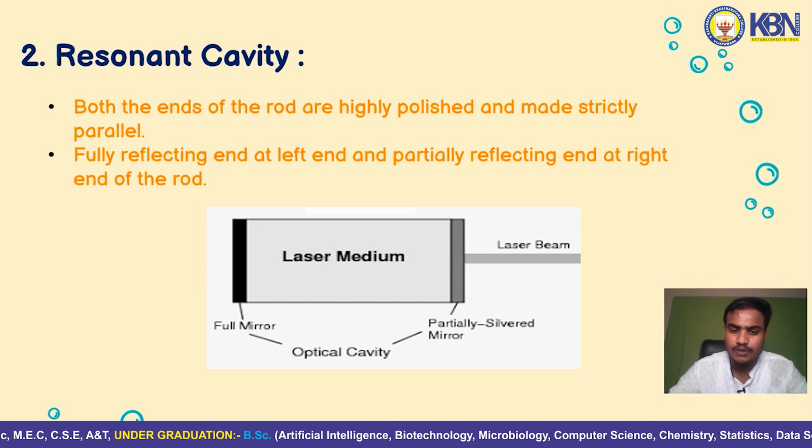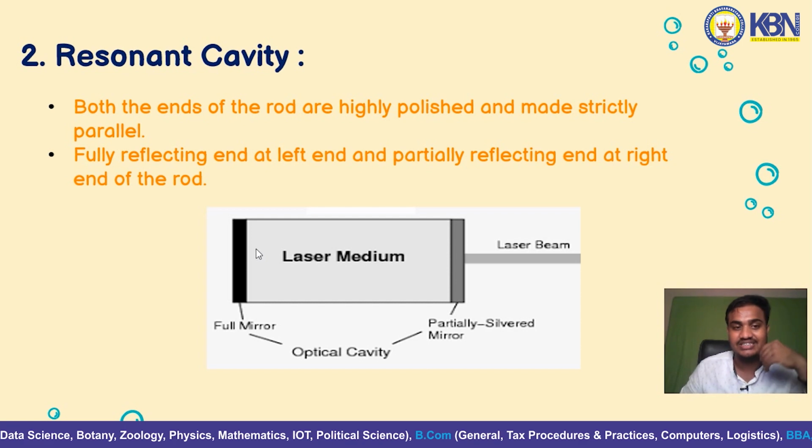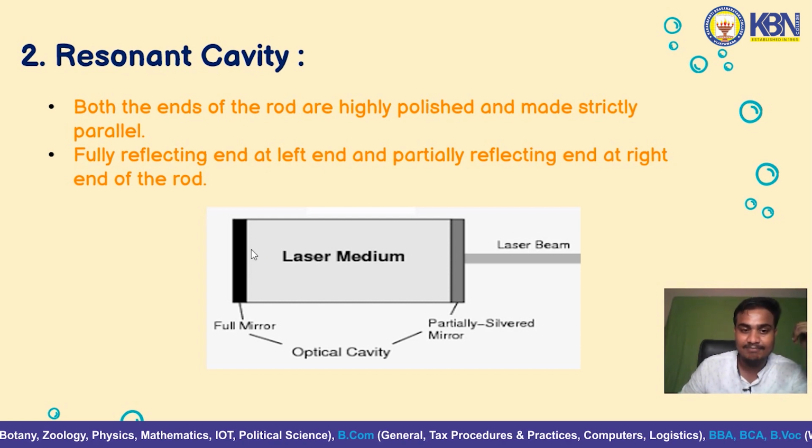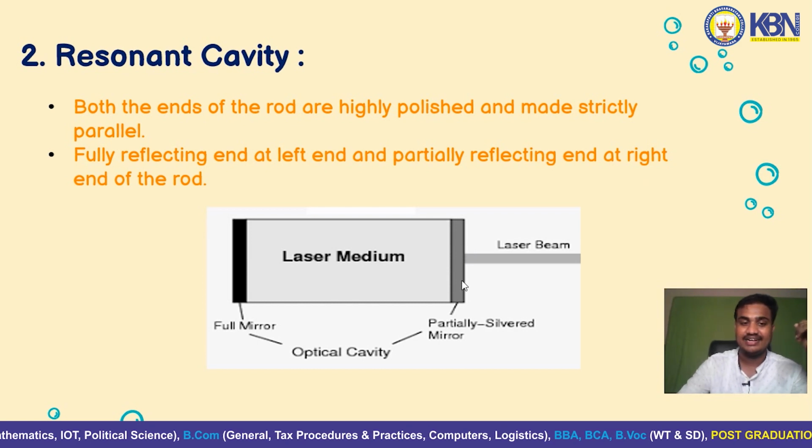Both ends of the rod are highly polished and made strictly parallel. One fully reflecting mirror is connected at one end and a partially reflecting or partially silvered mirror at the other end. Here in this diagram you can see the fully reflecting plate at the left end and the partially reflecting plate at the right end.